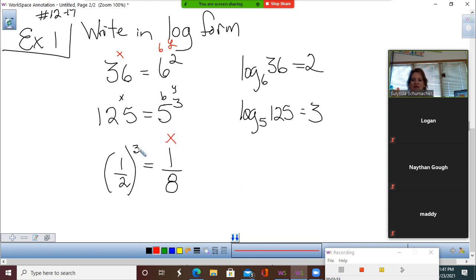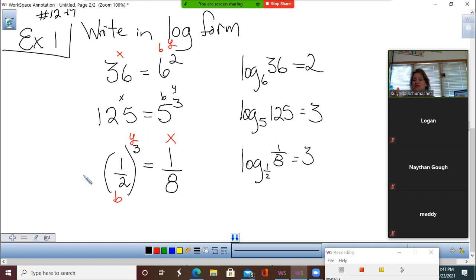This one, which is the base to my exponent, is my b value, and my exponent is my y. So when I rewrite it in log form, I have log. The b is my base, which here is 1/2. So it's a little tiny 1/2 at the bottom. Then my big number of 1/8 equals 3.